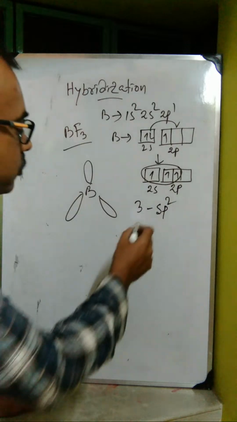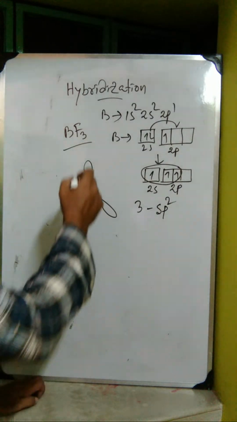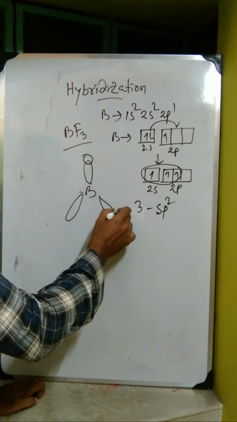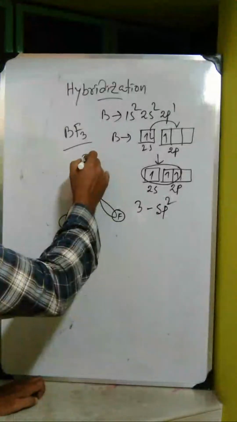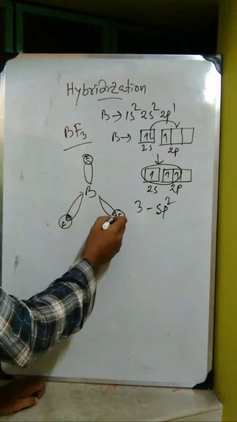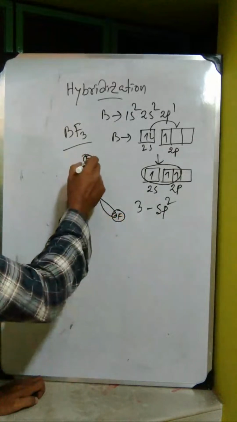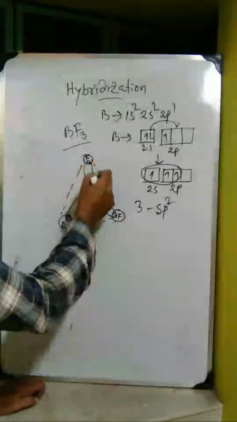Now fluorine comes with its outermost orbital where an unpaired electron is present, and overlapping occurs here, here and here. So these are the fluorine atoms 1, 2 and 3. Here overlapping occurs, and if you draw the outline, the shape will be trigonal planar.